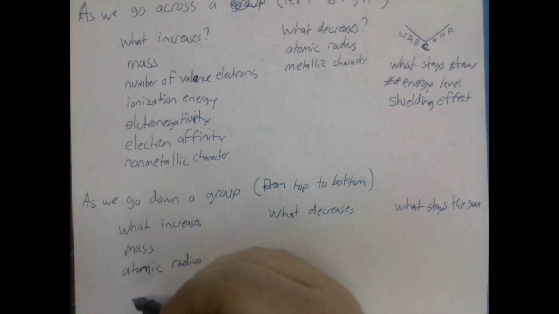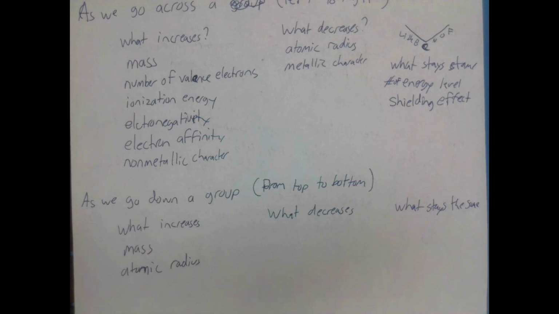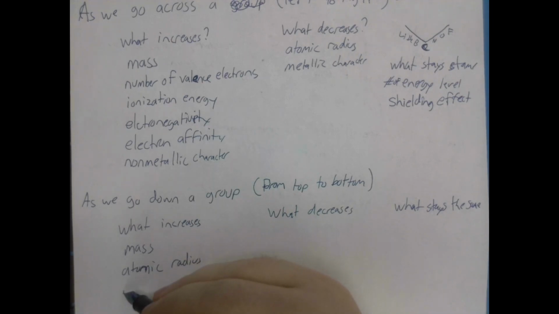Again, I'm not sure on reactivity. No, again, it's split between cations and anions. Cations act very differently than anions in reactivity, and I can't really say it's a periodic trend because it's so different. So yes, metallic character.